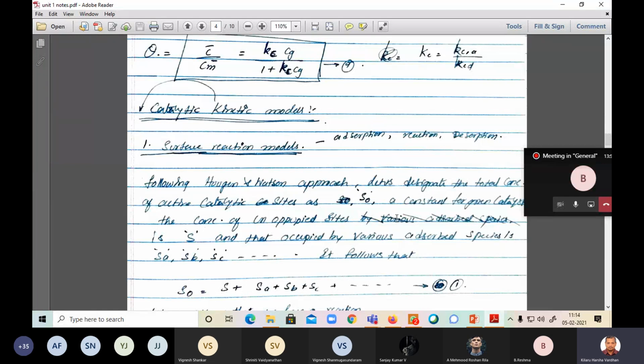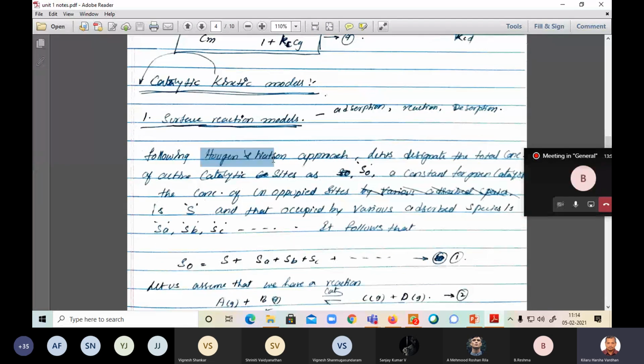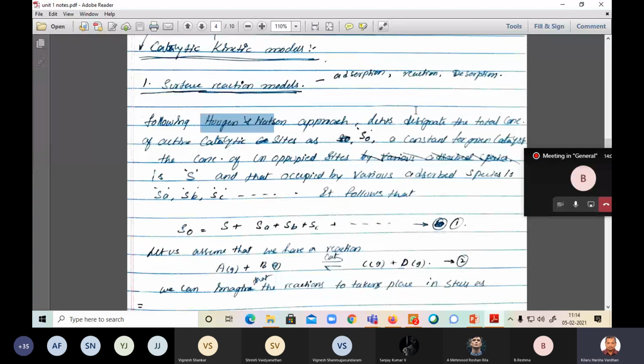For getting this, what Hougen and Watson followed is like this. Let us designate the total concentration of the active catalytic sites as S0. So he is telling that there are some active sites on the catalyst. Let the total active sites be S0, right?